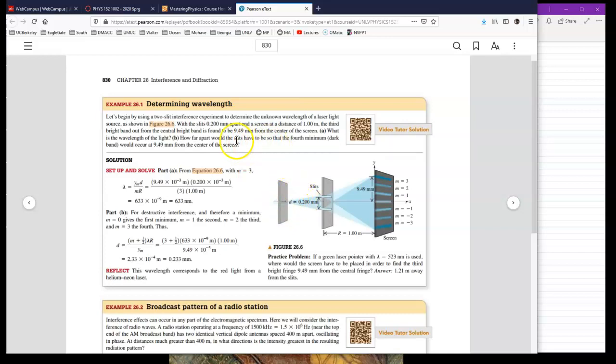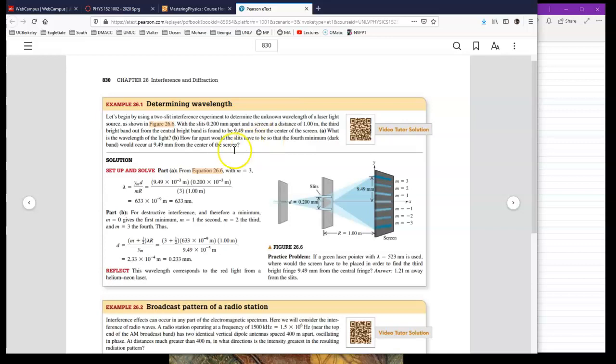The word minimum, by the way, also means dark. So maximum means bright, minimum means dark. Now we have 3 words for dark and 3 words for bright. For bright, you have bright, constructive, and maximum. For dark, dark, destructive, minimum. Just the lingo.